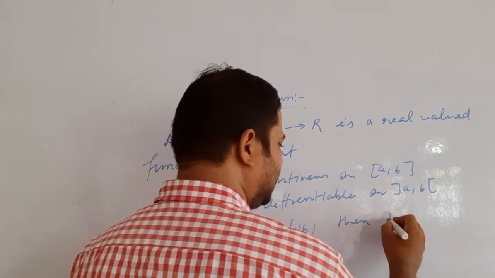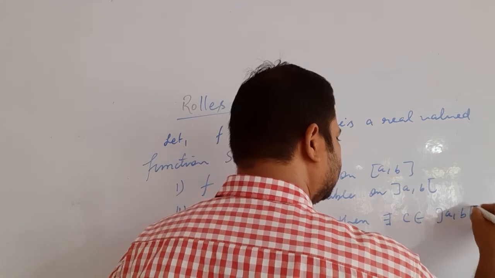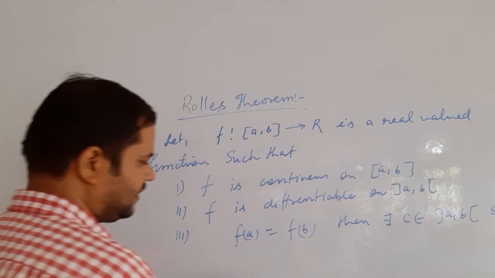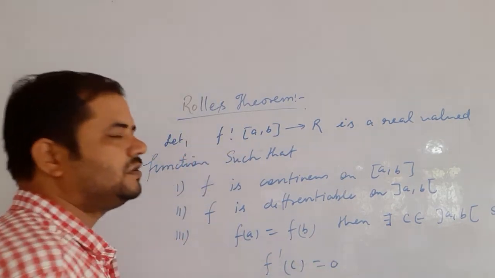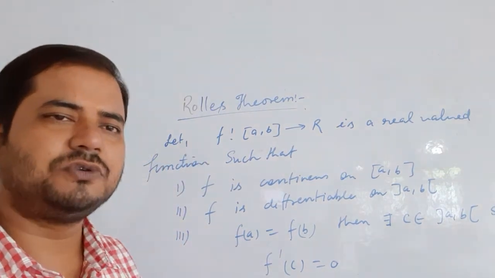Then there exists c belonging to the open interval (a, b) such that f dash c is equal to 0. So this is the statement of Rolle's theorem. So please note it down.